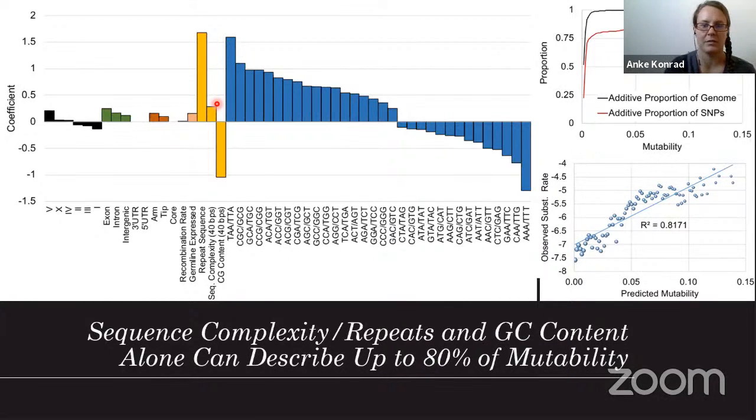If I include everything else, I go up to about 82%. So just the sequence context and the repeat sequence for these small mutations could give you the information you needed in order to make pretty good predictions of where mutations would happen.